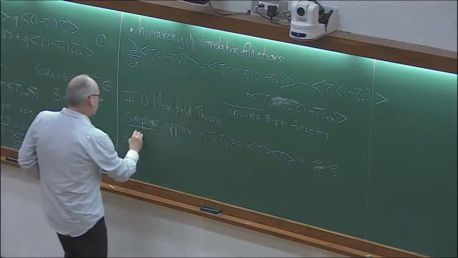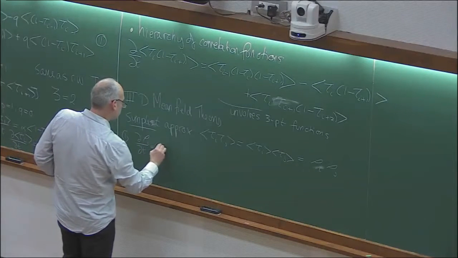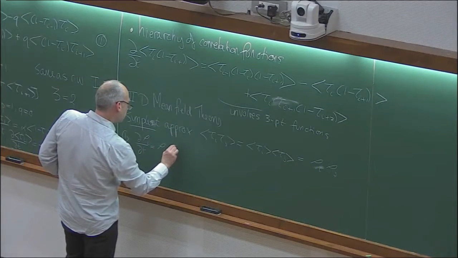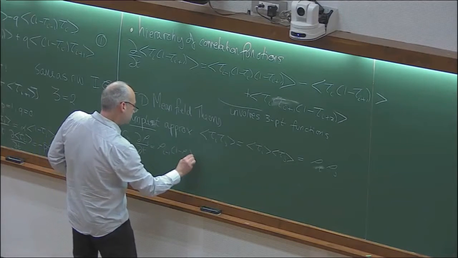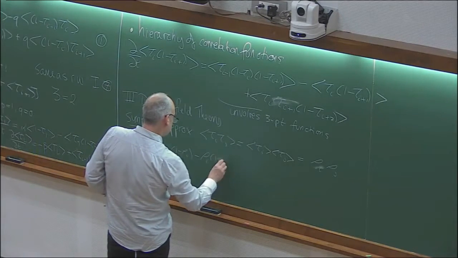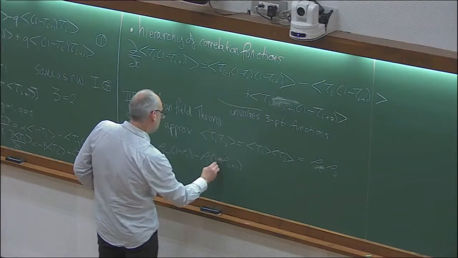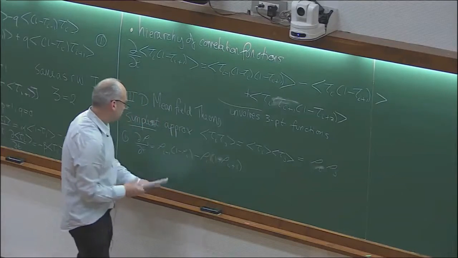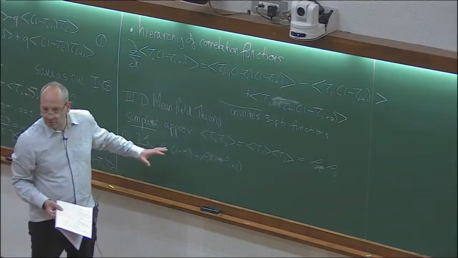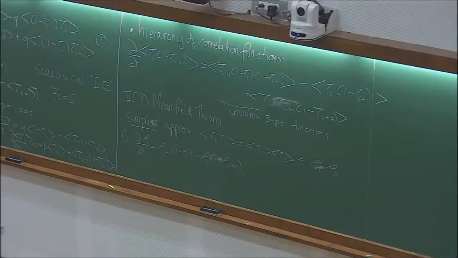What it becomes is d rho i by dt equals rho i minus 1 times (1 minus rho i), minus rho i times (1 minus rho i plus 1). And so now it's just an equation in terms of the variables rho. So there's still a bit of work to do, but there's some hope now that we can solve this.